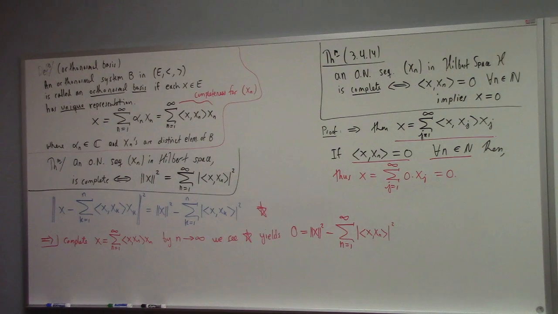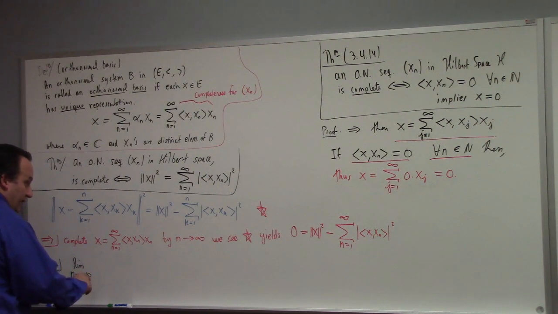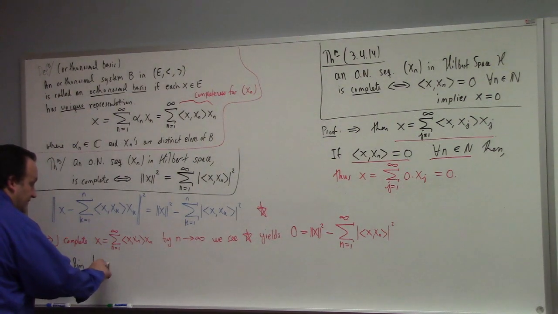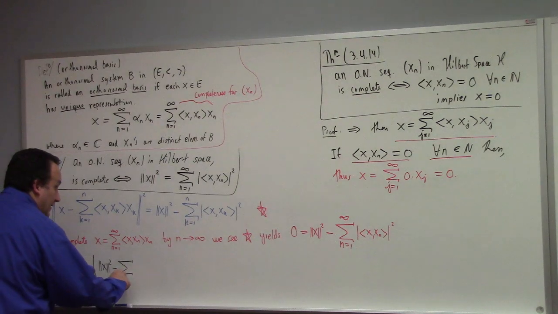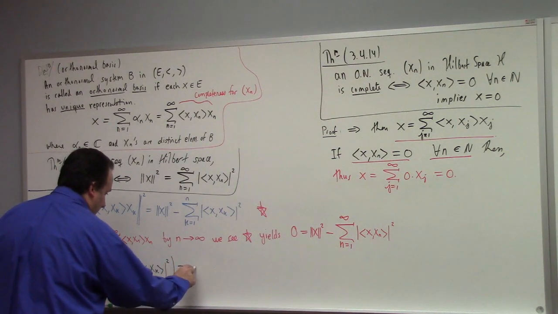Now, how about the other direction? I have the limit as n goes to infinity of the norm of x squared minus the sum k equals 1 to n of this guy is equal to 0.